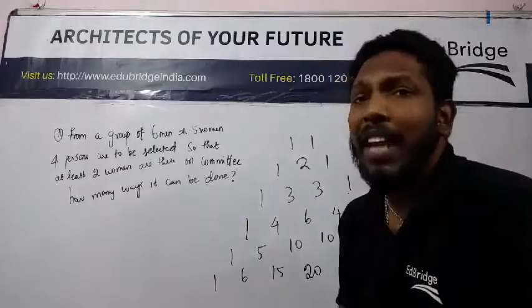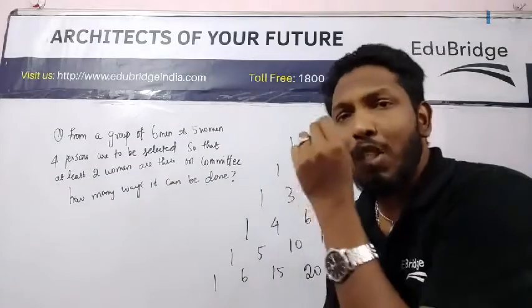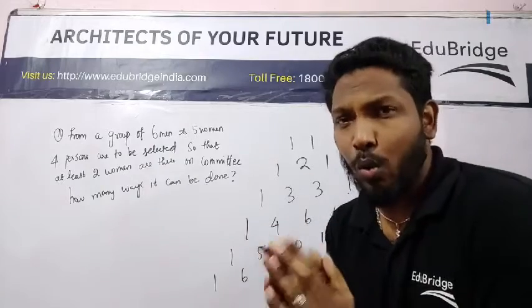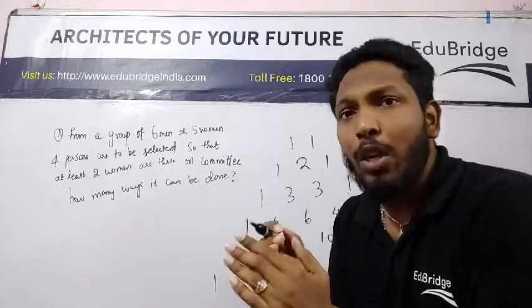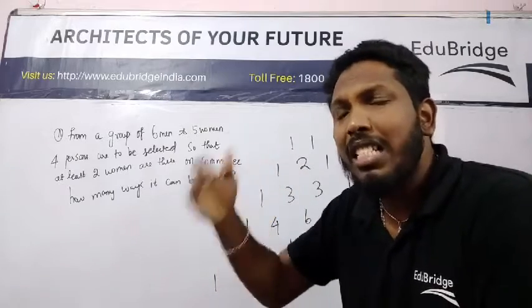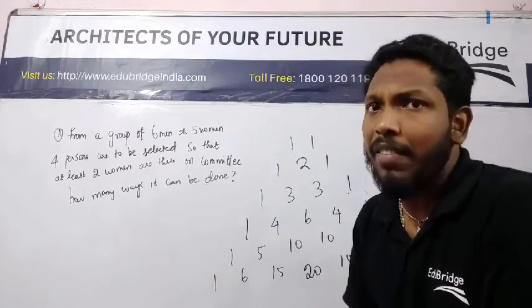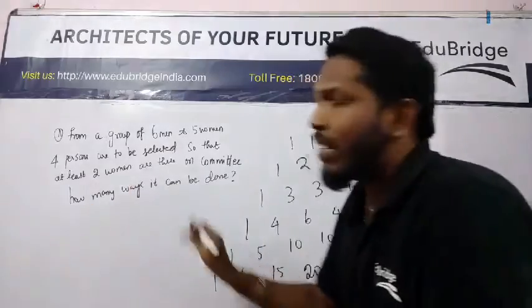In that committee we have a rule, which is that at least 2 women should be there. At least 2 women, which means you cannot have fewer than 2 women in every combination that we can make over here. So how many ways can you do that?